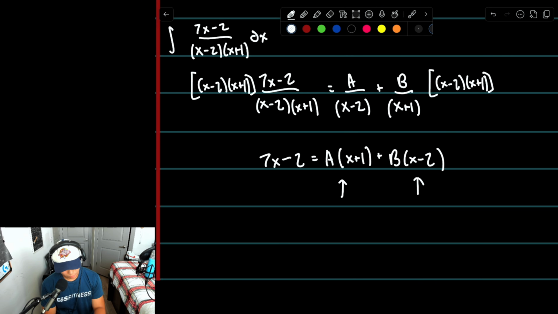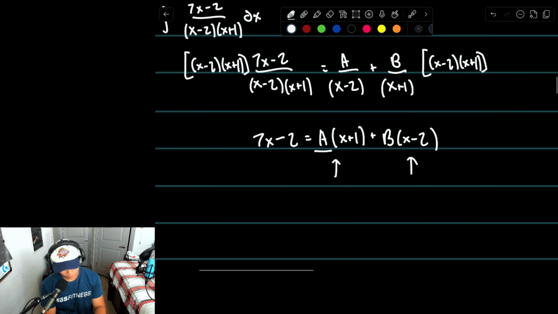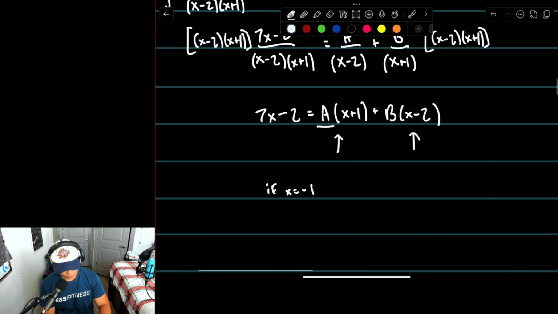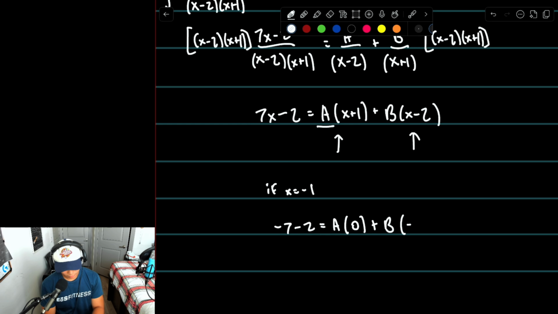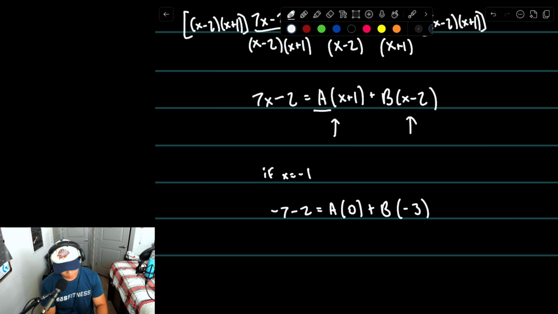In this case, for a, we would just make x equal -1. So if x equals -1, our equation will become -7 minus 2 equals a times 0 plus b times -3, which if we simplify just gets us -9 equals -3b, which b becomes 3.